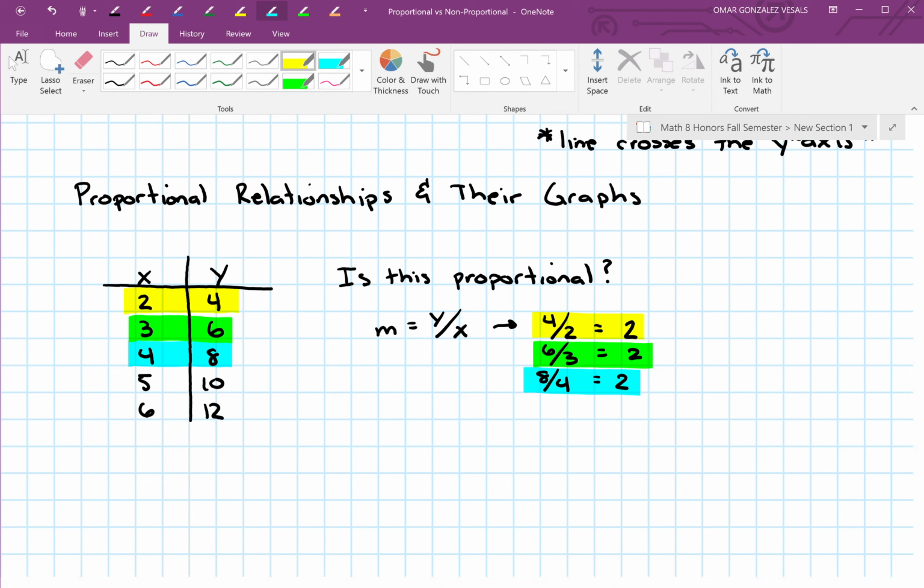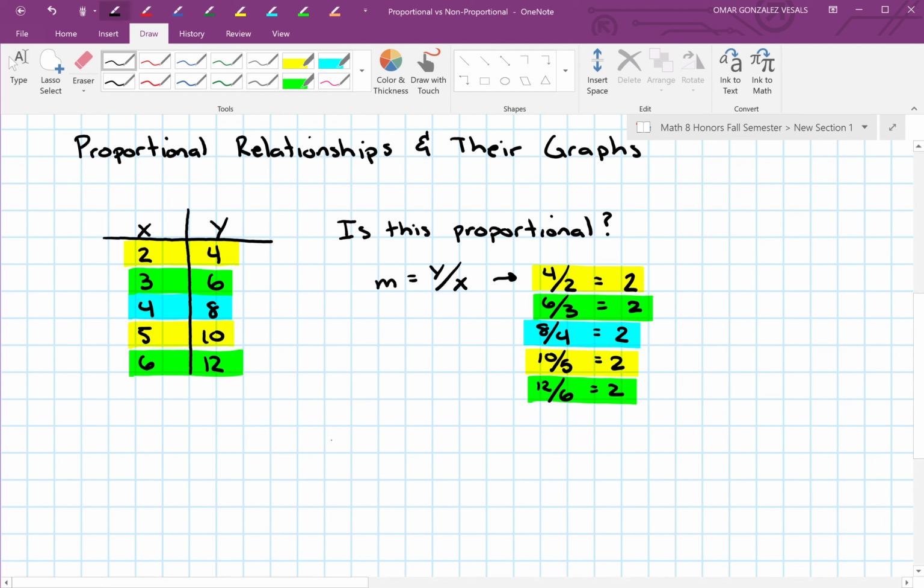Now let's go back to 5 over 10. Is it 5 over 10 or 10 over 5? 10 over 5, which is 2. And then 12 over 6, which is 2. So is this proportional? Yes. So yes, this is proportional.